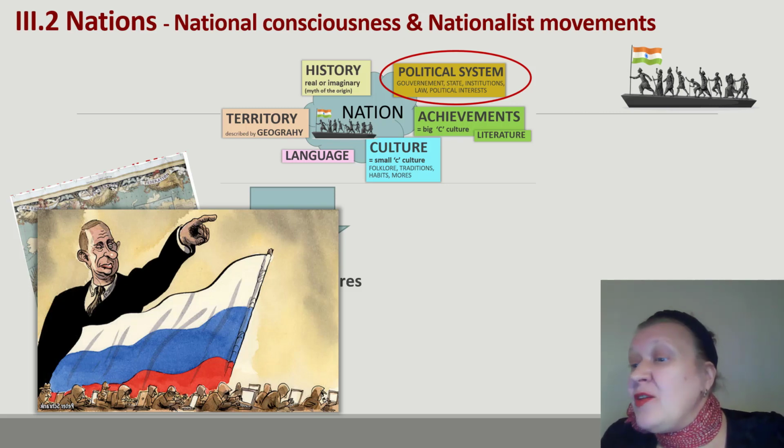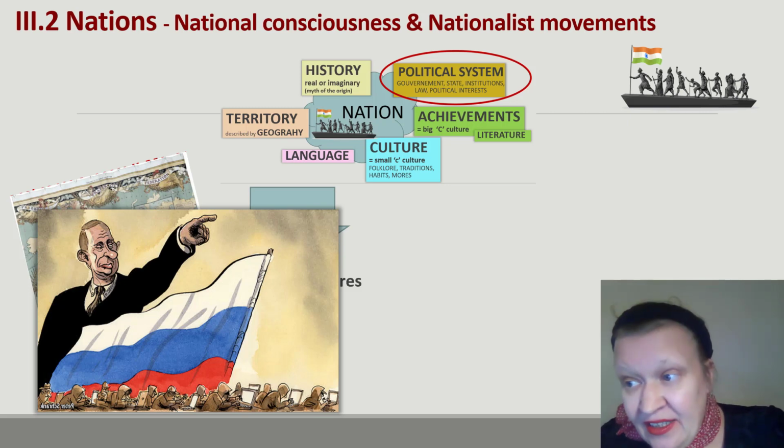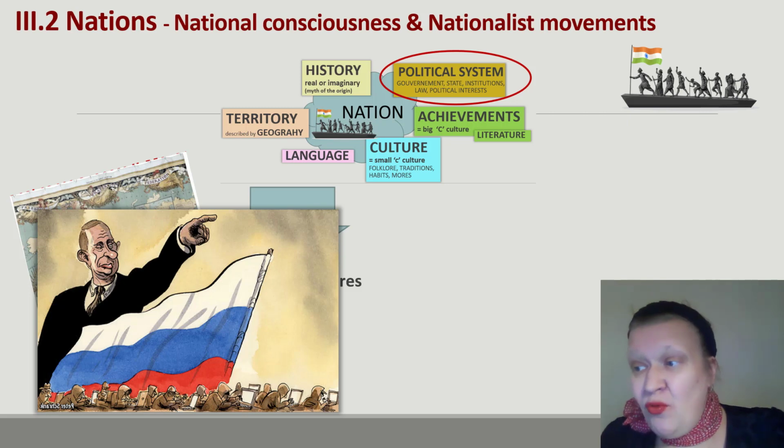Therefore, Ukrainian people's claim for political and cultural autonomy is considered by the Kremlin as a betrayal and even an existential threat, according to Putin's expressions, for Russia.